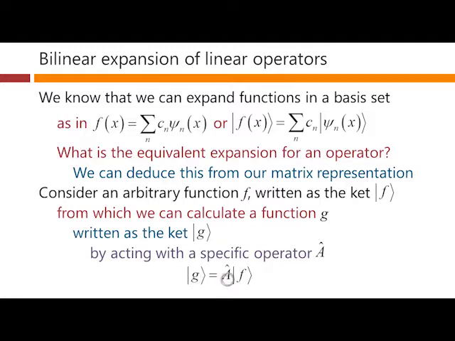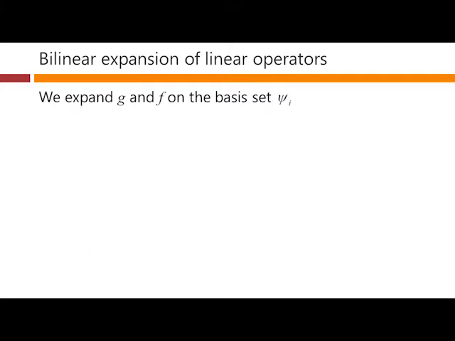So g is equal to A operating on f. Now, we can expand g and f on this basis set, psi i. So here's our expansion of our function g with expansion coefficients di, and here's our expansion of our function f with expansion coefficients cj.